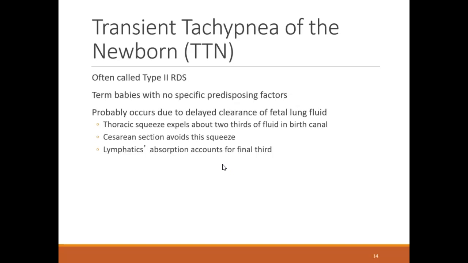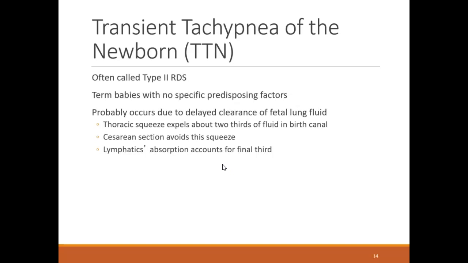I've heard some people say that babies that are born via C-section are more prone to TTN because of that squeeze during the birthing canal, which gets rid of some of that excess thoracic fluid.